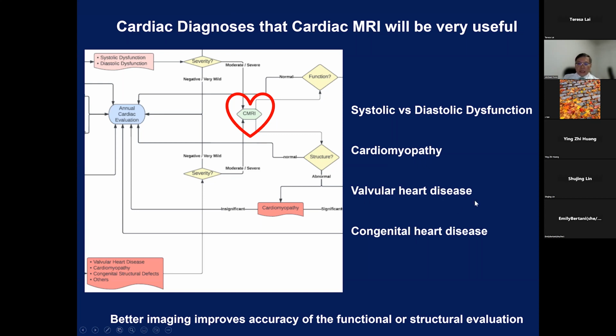Valvular heart disease, any one of the four valves, pulmonic, tricuspid, aortic, and mitral, can be dysfunctional at some time. Echo can give you some idea, but to follow and to assess very accurately, often you need MRI.